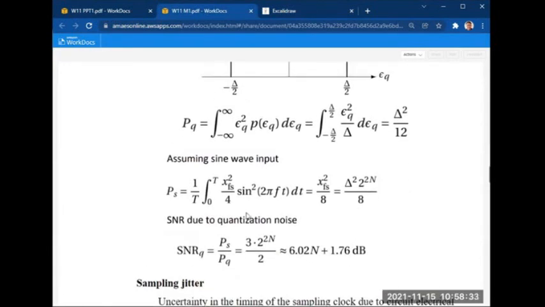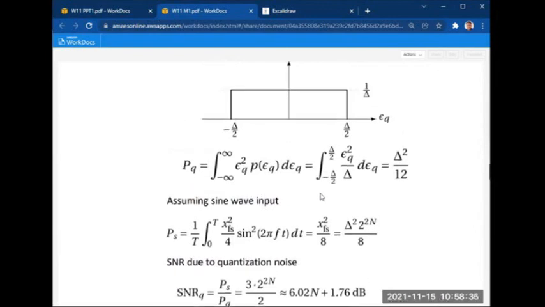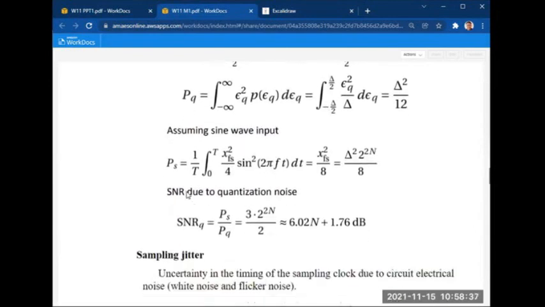And then we have this term we call the SNR. SNR means signal to noise ratio.